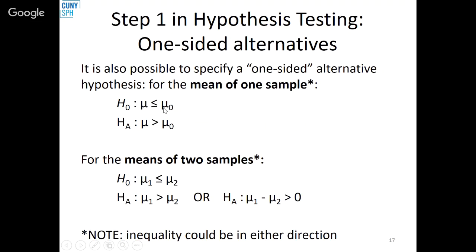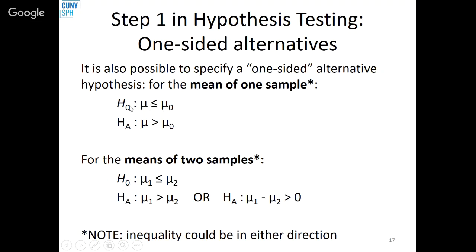In the very few situations where you actually would use a one-sided test, your null and alternative hypotheses look like this, where the mean value in your population of interest is less than or equal to the mean under the null hypothesis, and an alternative where this mean is greater than the null mean.